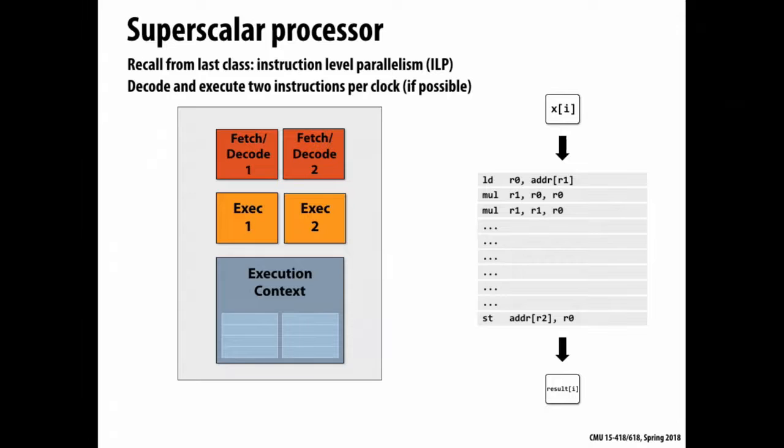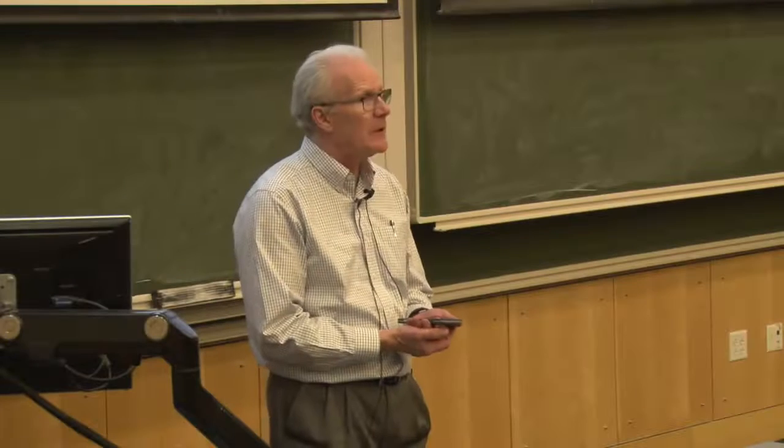And we mentioned last time in class that since about the late 1990s, pretty much any microprocessor was what they call a superscalar one, meaning that it had the ability to extract parallelism out of a single instruction stream, sometimes called ILP, or instruction level parallelism.